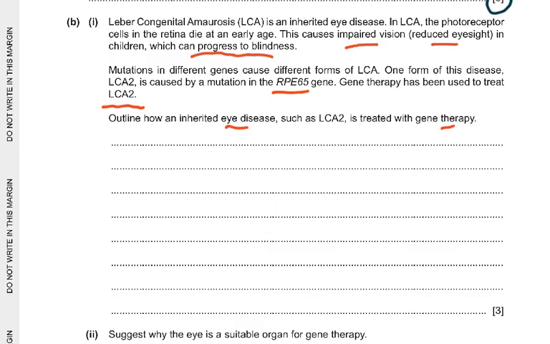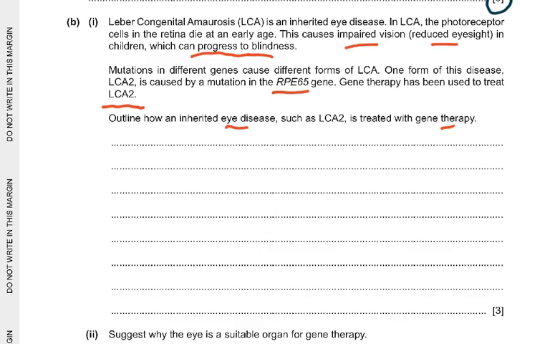So you add the healthy gene or the allele to the virus, and then you inject the virus into the eye. The gene is integrated into eye cell DNA, and then this gene is expressed to produce the functioning protein.